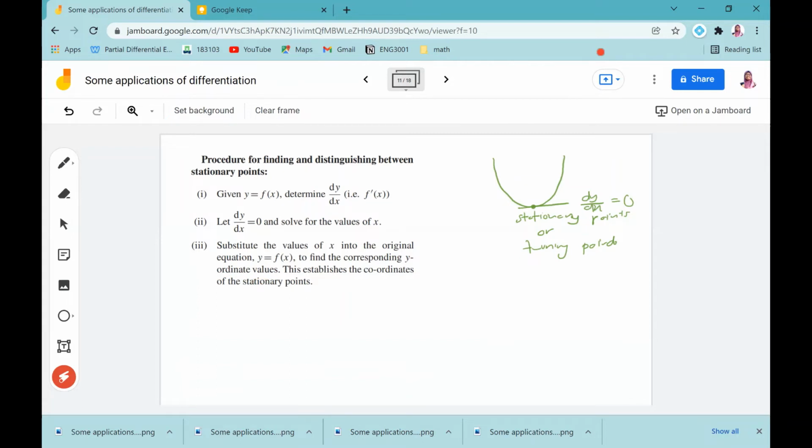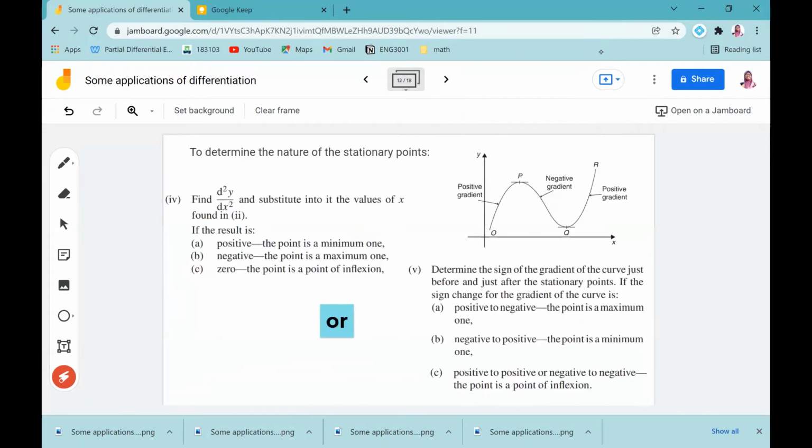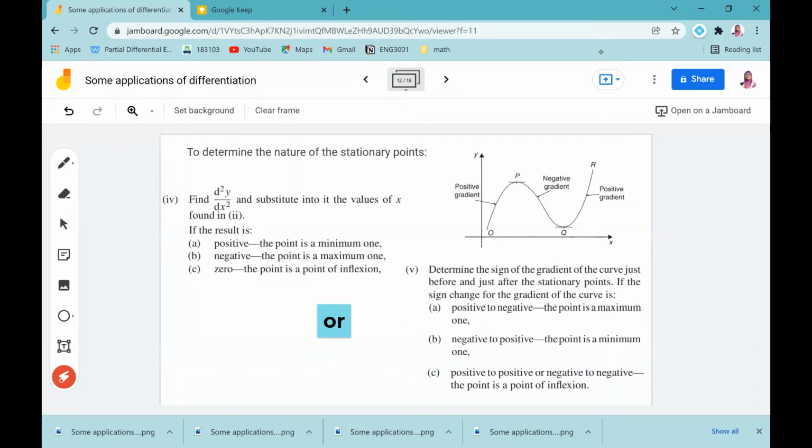After we find the coordinates of the turning points, we have to determine the nature of the stationary points, either minimum or maximum. There are two ways we can use to find the minimum or maximum points.